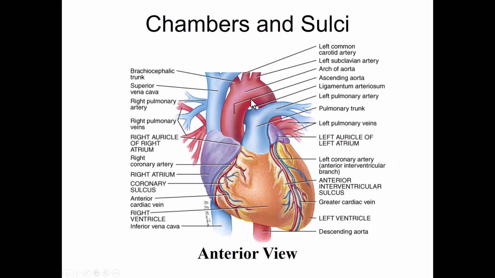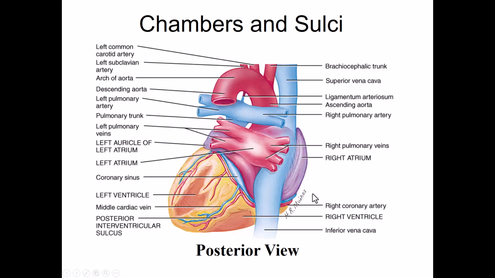So if you look at the chambers and the sulci, you can see the coronary sulcus labeled here, your anterior interventricular sulcus. You can see your right auricle over your right atrium, left auricle over your left atrium, right ventricle from the surface, left ventricle from the surface.